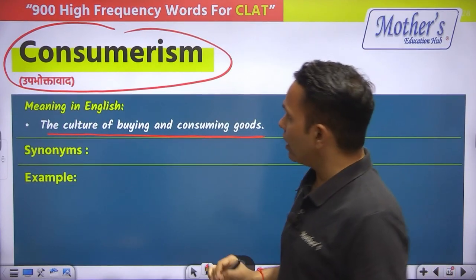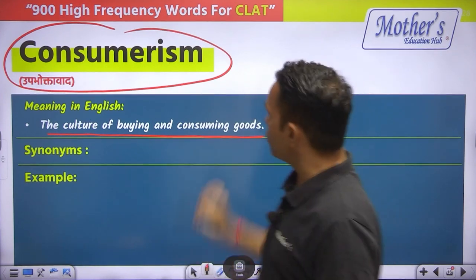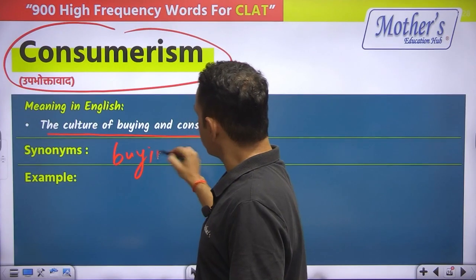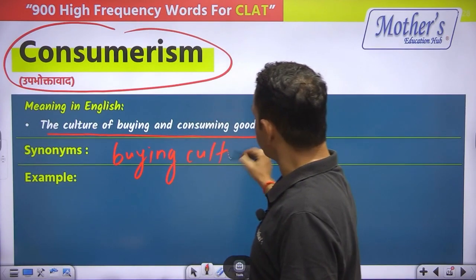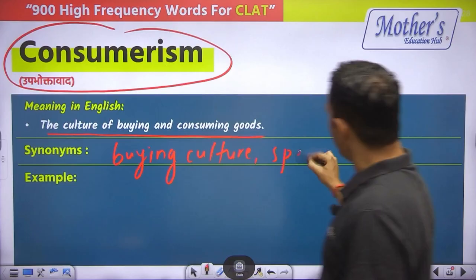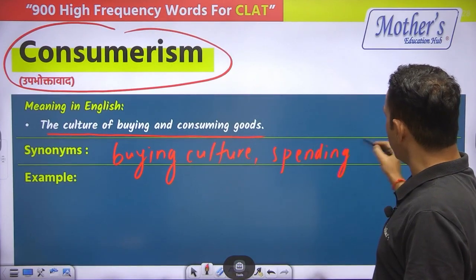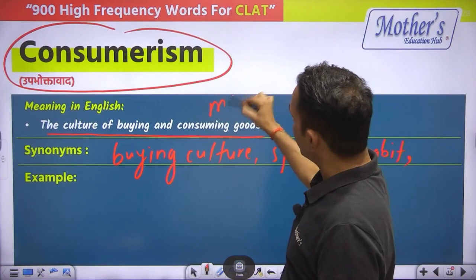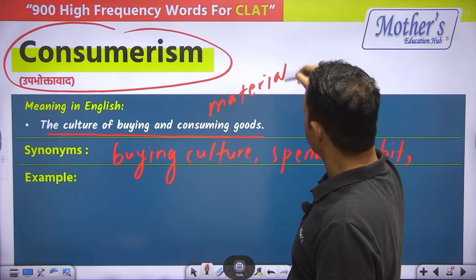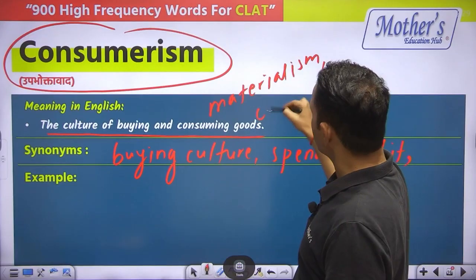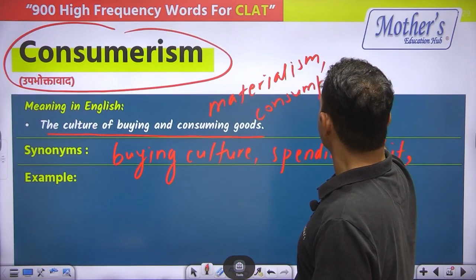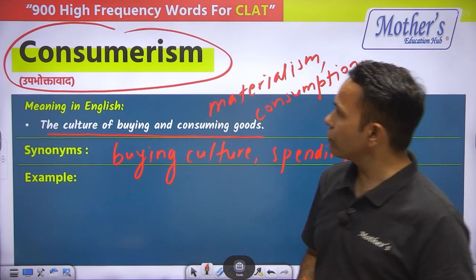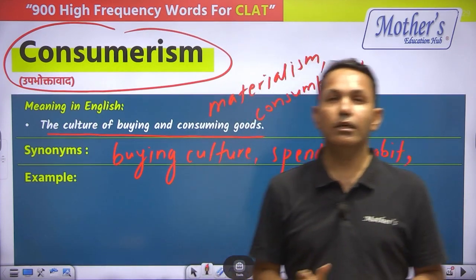So similar words are buying culture, spending habit, we can say materialism, consumption. Let's use this consumerism in a sentence.